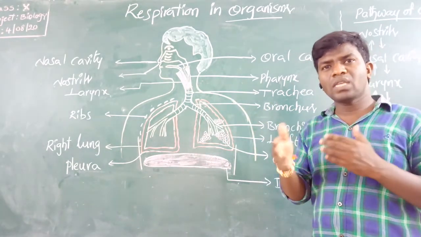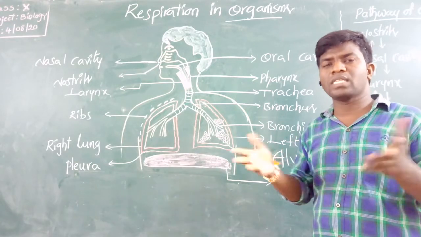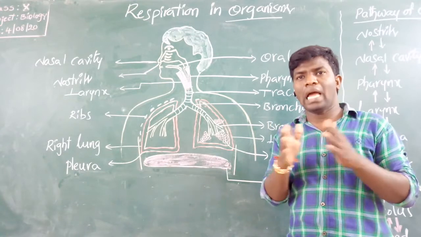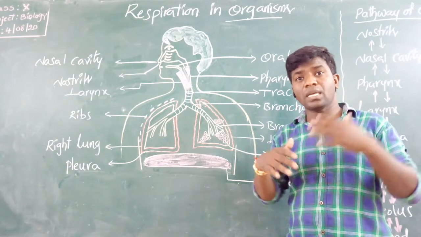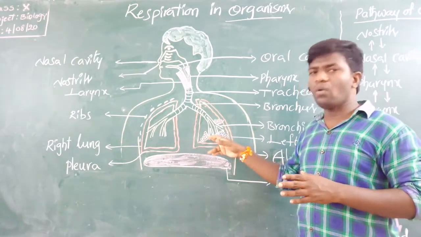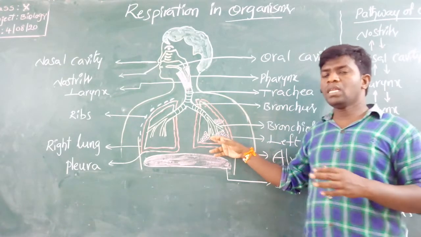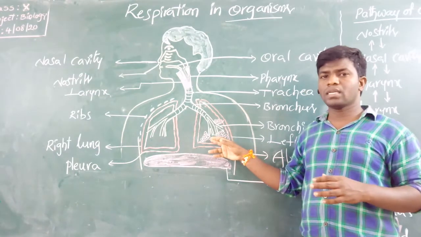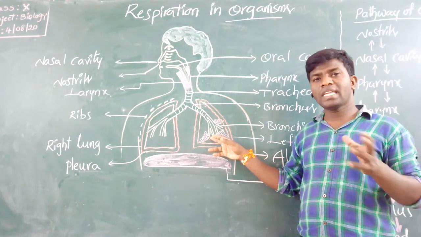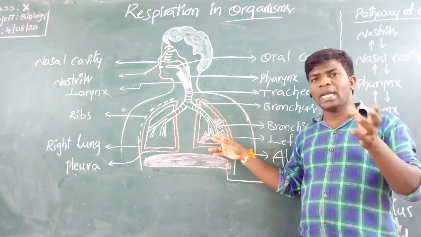Alveoli is the plural word, as I told you already, and alveolus is the singular word. The thin walls of the alveoli are richly supplied with blood capillaries. They are thin walled and contain blood capillaries.